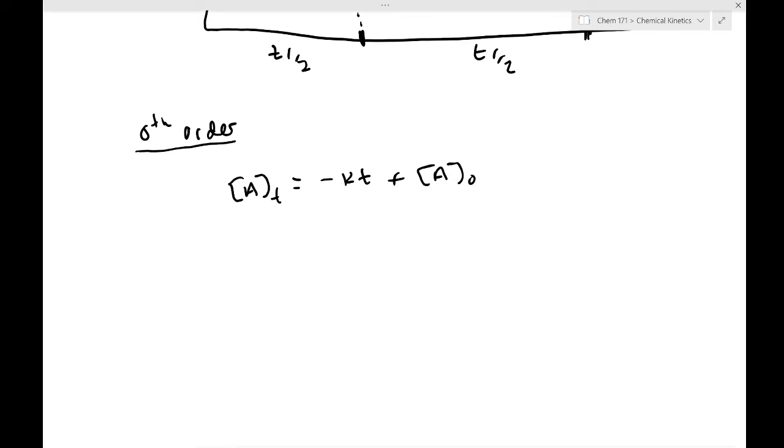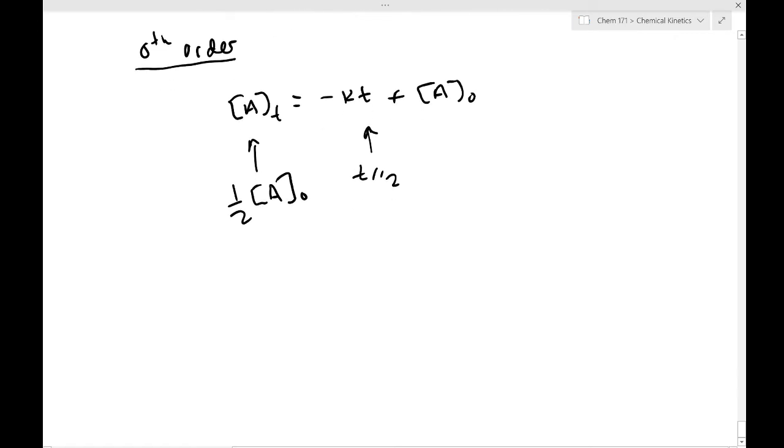So if we plug in a half-life at t 1/2, that means that here we need to plug in 1/2 [A]0, basically doing the exact same trick that we did before. So we have 1/2 [A]0 equals negative k t 1/2 plus [A]0.